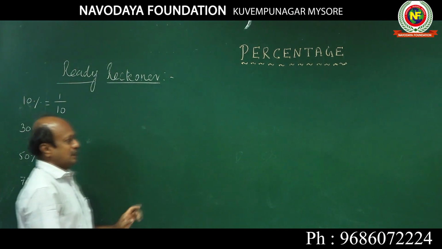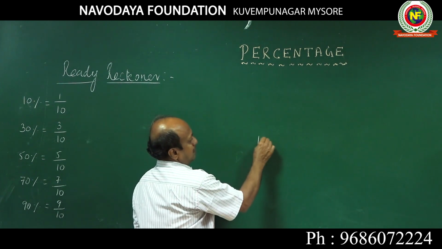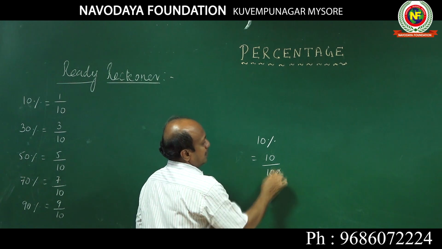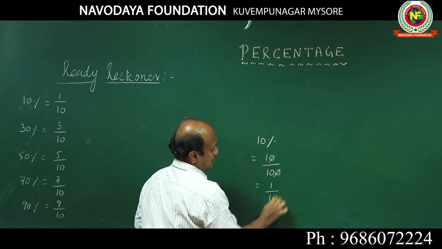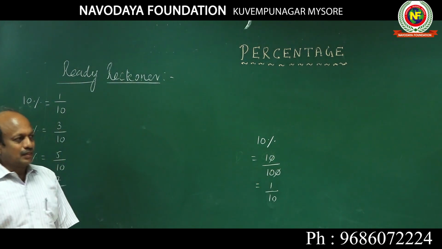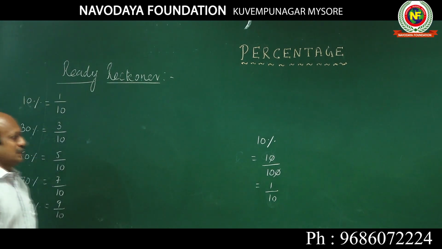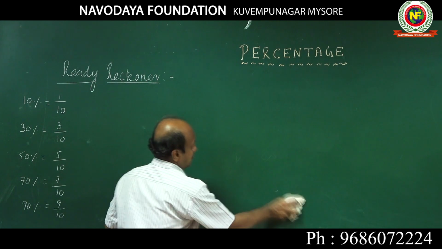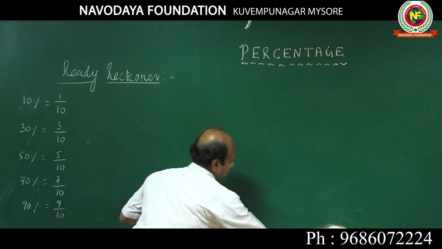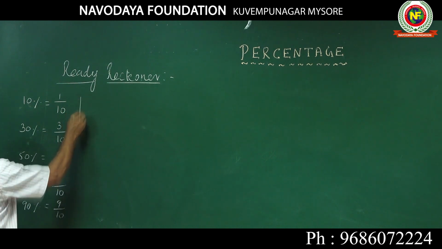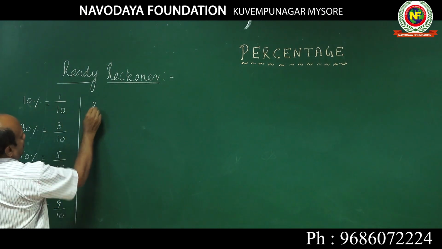For example, 10% means, naturally the students used to write 10 by 100. Again, they will go on to simplify. But whereas 10% directly is equivalent to 1 by 10 as a fraction. This is the first bunch, right? The first bunch I have taken 10%, 30%, 50%, 70% and 90%.